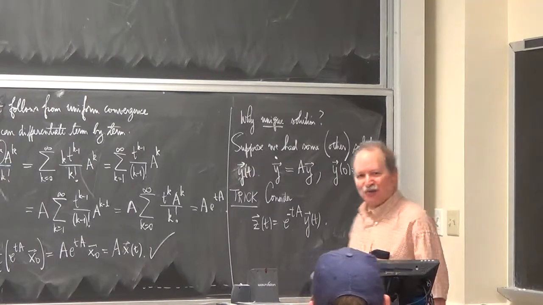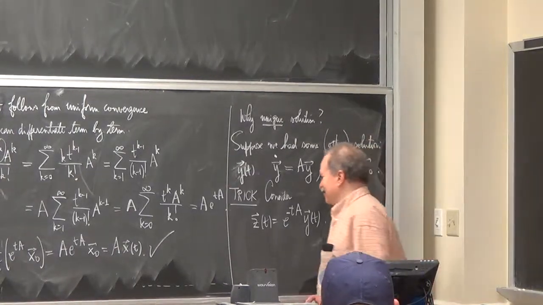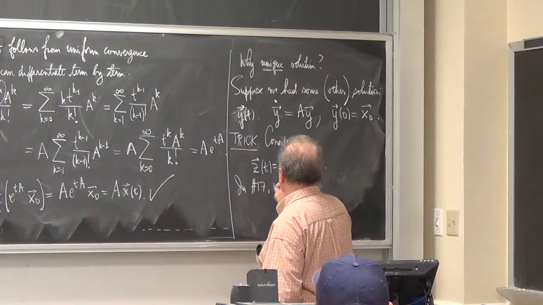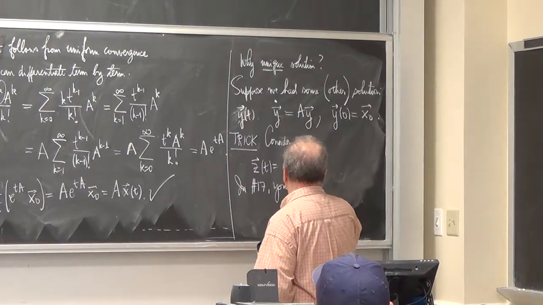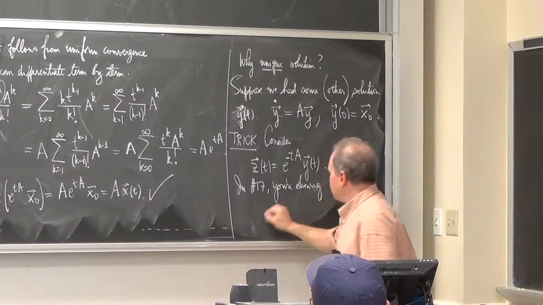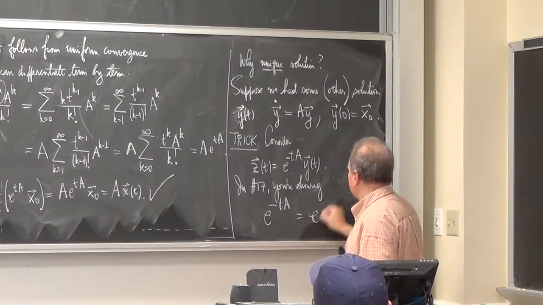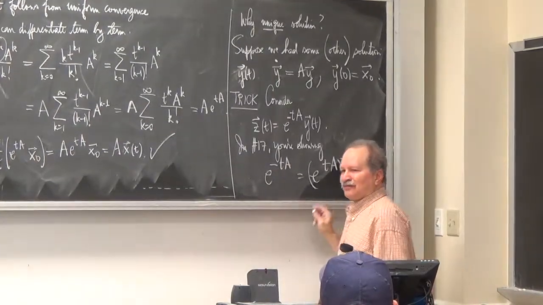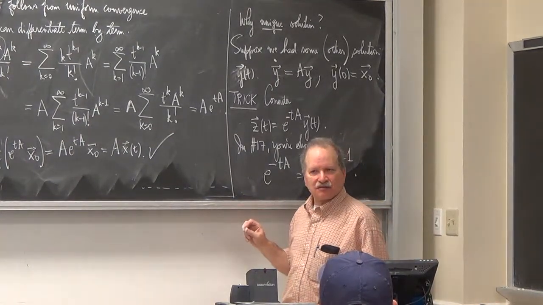So you're proving in homework, in number 17, you're showing that e to the minus ta is the inverse of the matrix e to the ta. Is that 9.3? Yes.